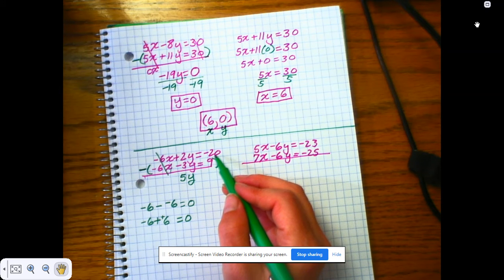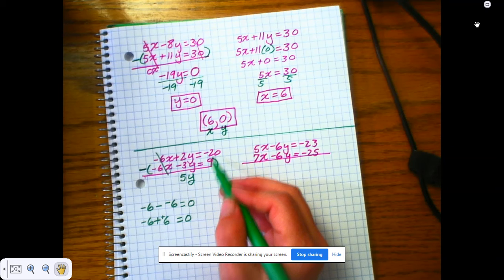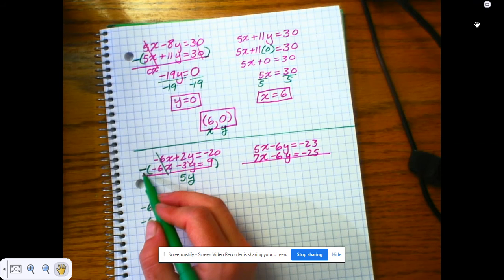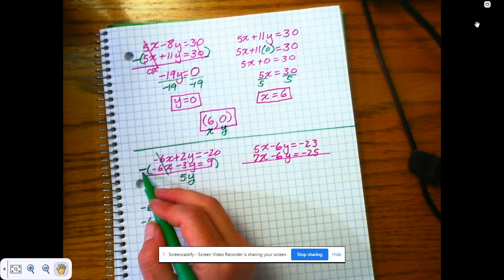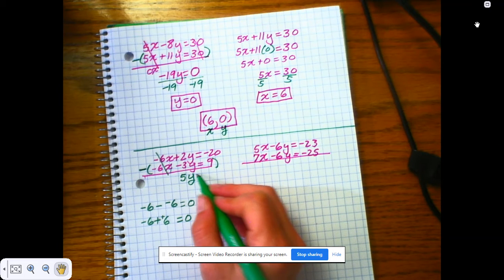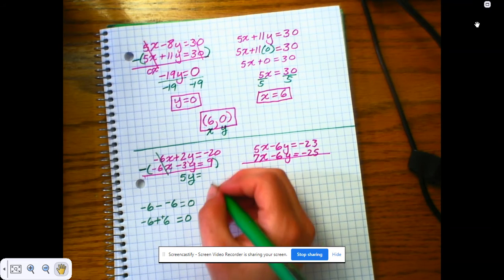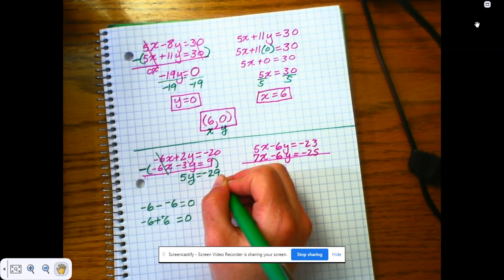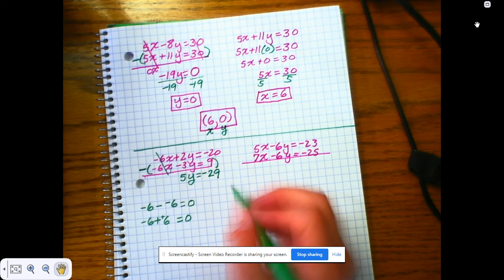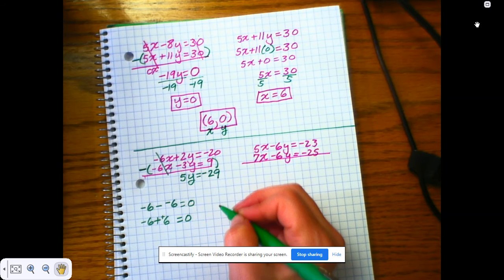Here, this is not -20 plus 9. This is -20 minus a positive 9. So -20 minus 9 is going to give me a -29.